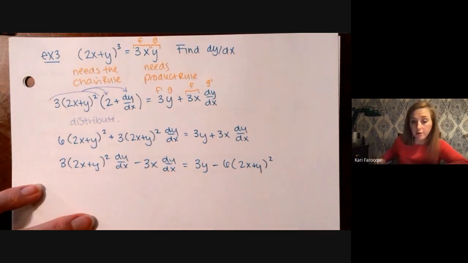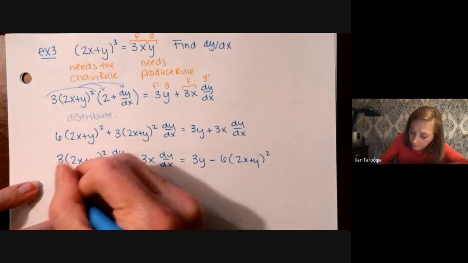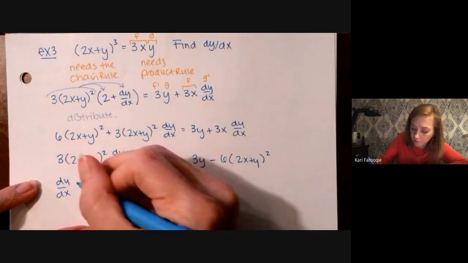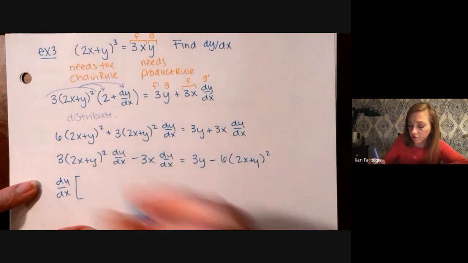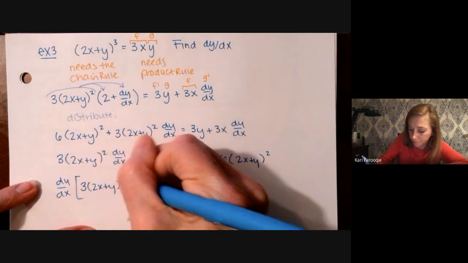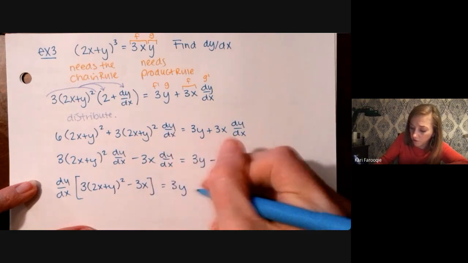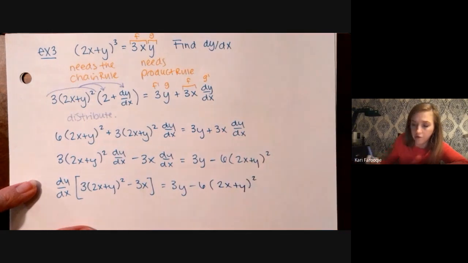Once you do that, you're going to factor the dy dx's out of the left-hand side. Now, it is kind of up to you how you want to bracket everything, or just use multiple parentheses. That's up to you. The right-hand side is just going to stay as is in this step.